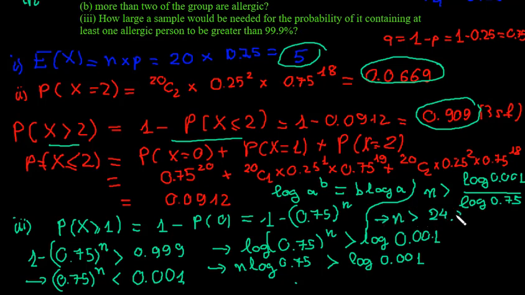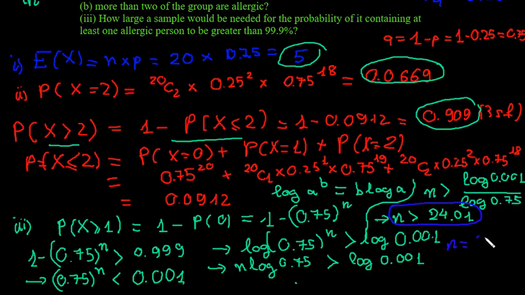Because n is an integer, the number of people that we would choose, and because the question says how large a sample would be needed, it means that we need to find the smallest number that is suitable. The smallest integer which is greater than 24.01 is n equal to 25.